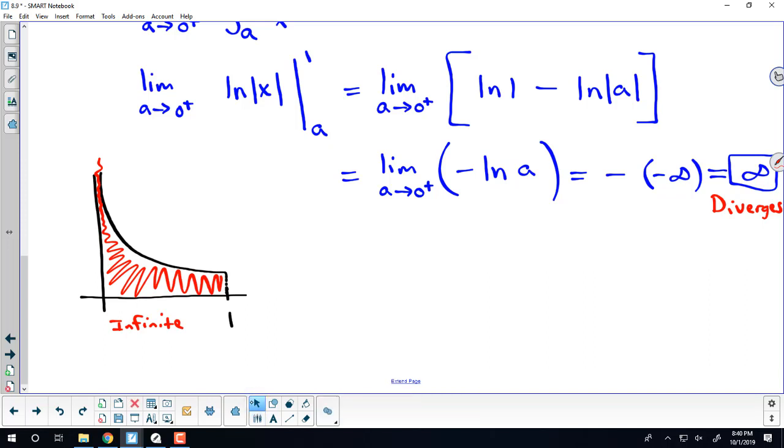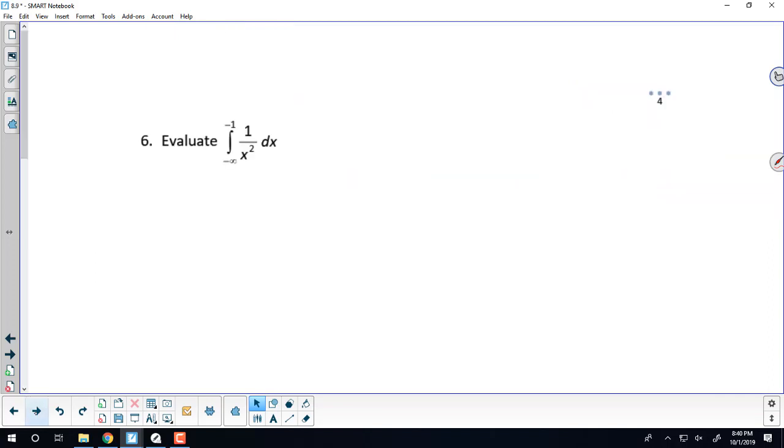Are there any questions on what we're doing here? So how about the integral from negative infinity to negative 1 of 1 over x squared?